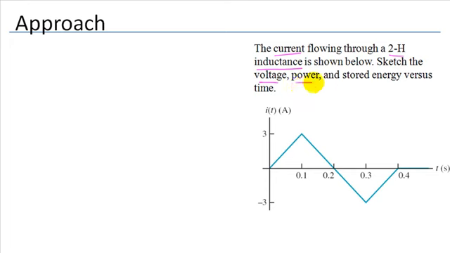We are looking for a sketch, or actually sketches, of the voltage, power, and stored energy associated with this current through the inductance. Well, I'll start out by visualizing the inductor itself. Of course, the inductor is a 2-terminal element.